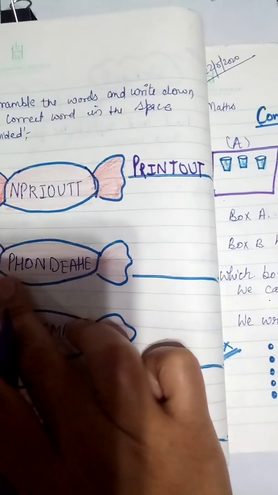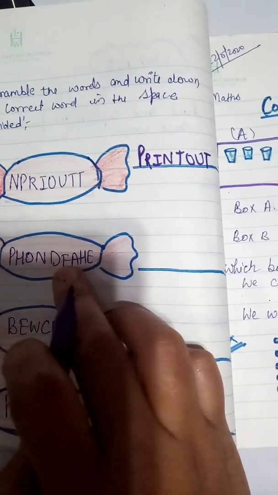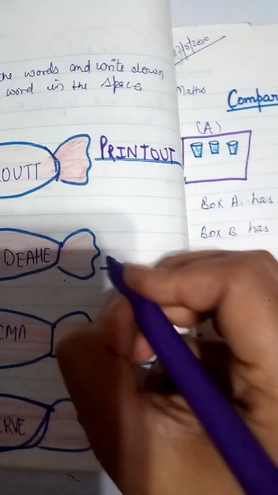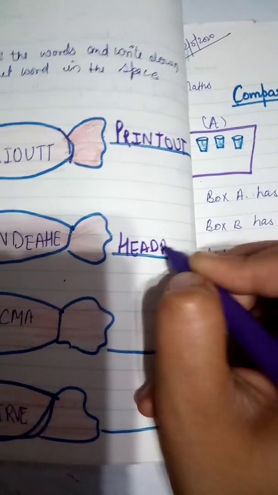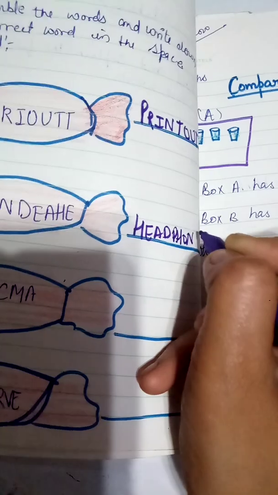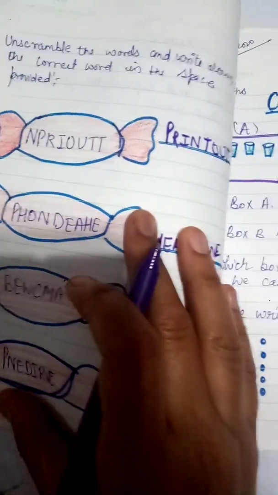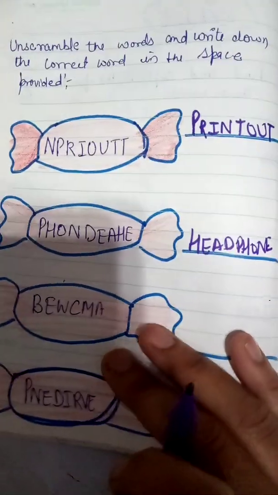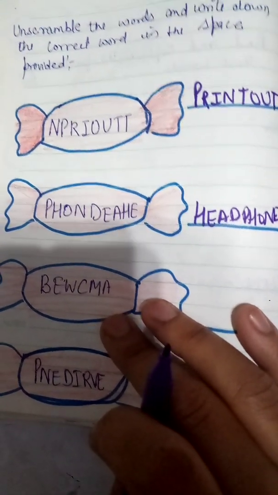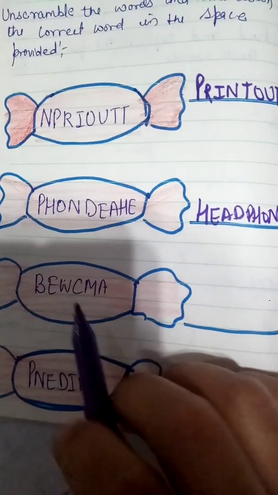Okay, it's PHONEDEAHE. So it's HEAD, headphone. That is why I just want to tell you to learn the names of the helpers of the computer, then you can easily solve this question, because if you have learned this, then you can easily write down the spelling after reading this. BEWCMA.